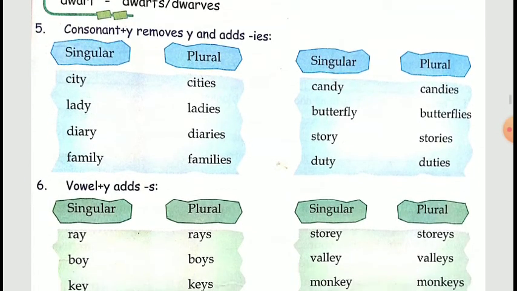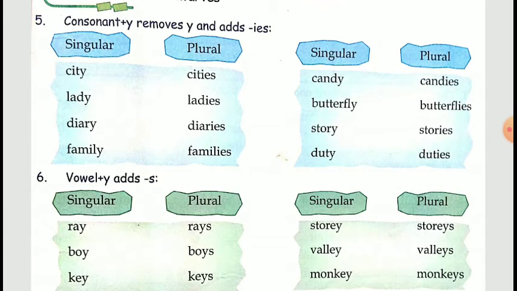Now, the fifth rule says, in all those words which have consonant plus Y, you have to remove that Y and add IES to form the plural form of such words. Let's look at the example. The word city is ending with Y, but before Y there is a T, which is a consonant. So in such cases, you have to remove the Y and add IES.